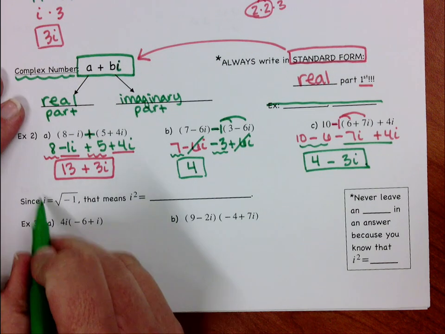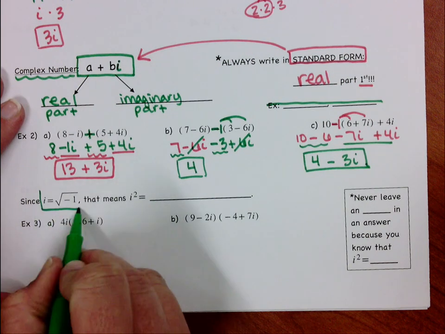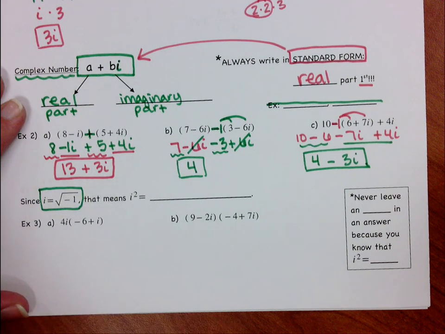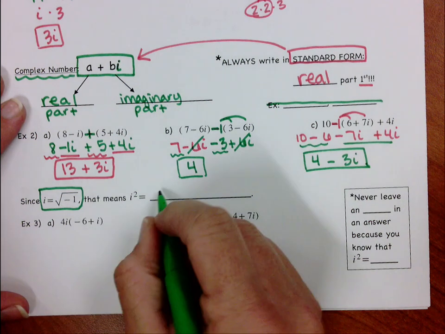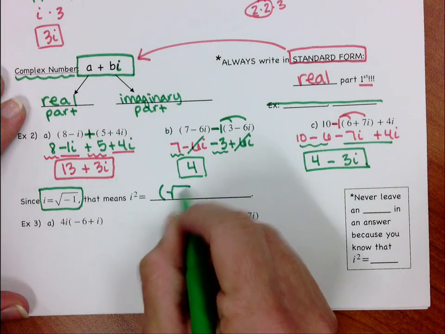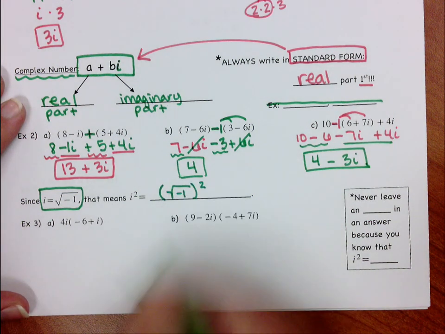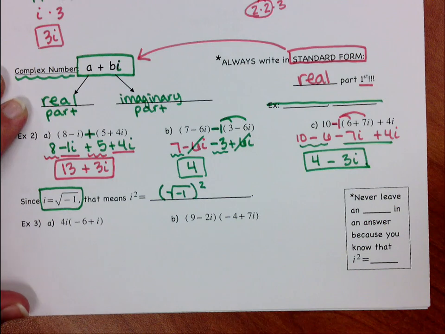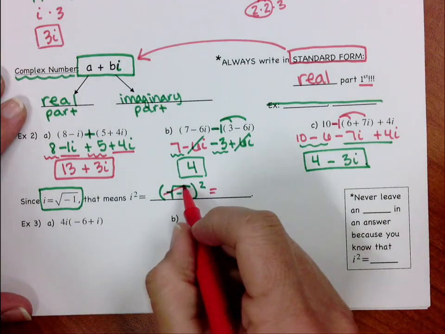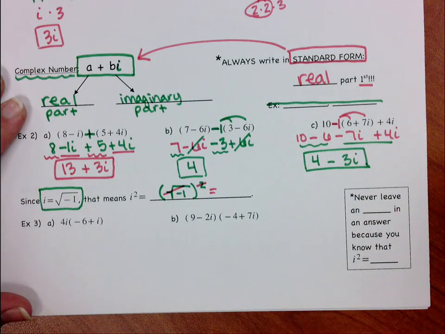i is equal to the square root of negative 1, which is what we've learned. Therefore, i squared is the square root of negative 1 squared. Well, we learned yesterday that a square root times a square root cancel out.